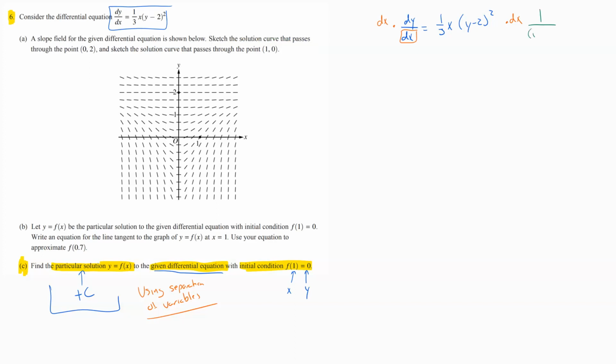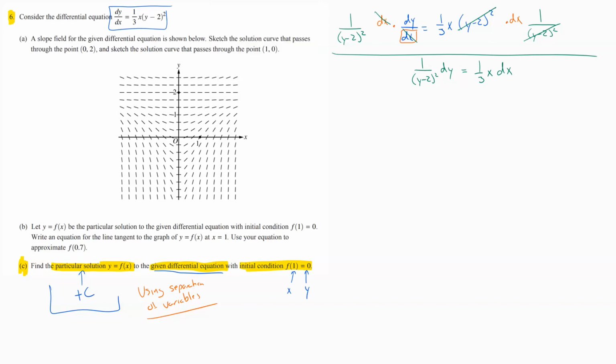Essentially, I'll be multiplying by 1 over y minus 2 squared on both sides to get the y pieces on one side and the x pieces on the other. So if we clean this up now, the dx's cancel out, and so on this side we're looking at 1 over y minus 2 squared dy, and that's going to equal, the y minus 2 squareds cancel out, and we're left with just 1/3 x dx.